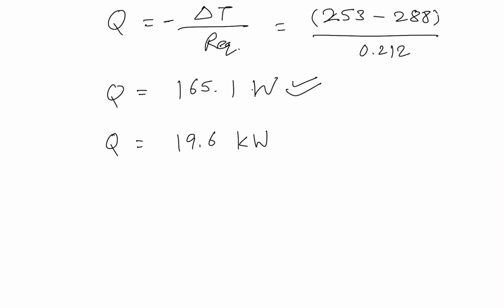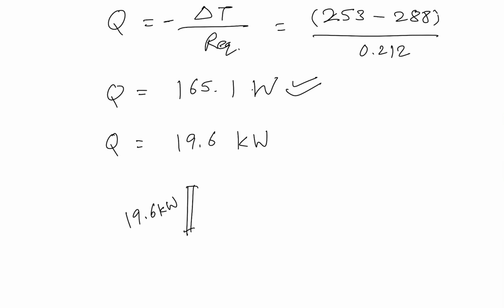For a practical example, let's consider there is a heater running inside the room which we are using to heat up the room. If there is only a single pane and the heater is running, that heater has to put out 19.6 kilowatts of power.